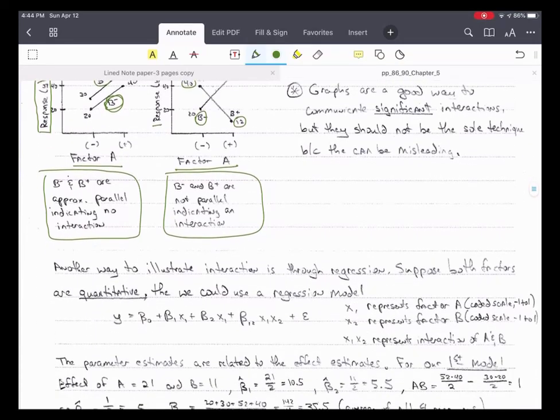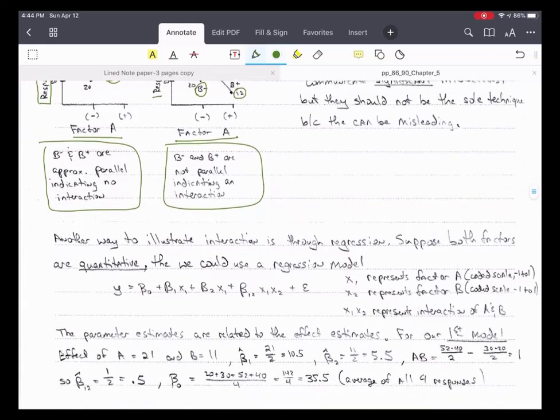Okay. So there is another way to illustrate interaction, and that's through regression. Suppose that both factors are quantitative, and we could use a regression model. We'd say y is equal to beta naught, which is our intercept, and then beta 1 would be the slope for x1, factor A, and beta 2 would be the slope for factor B, or x2, and then beta 1,2 would be the slope for the interaction between x1 and x2.